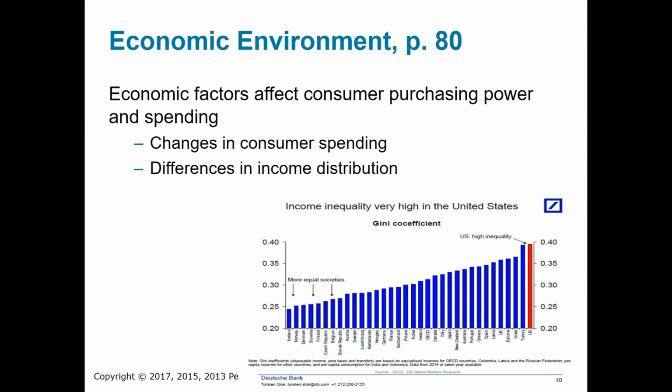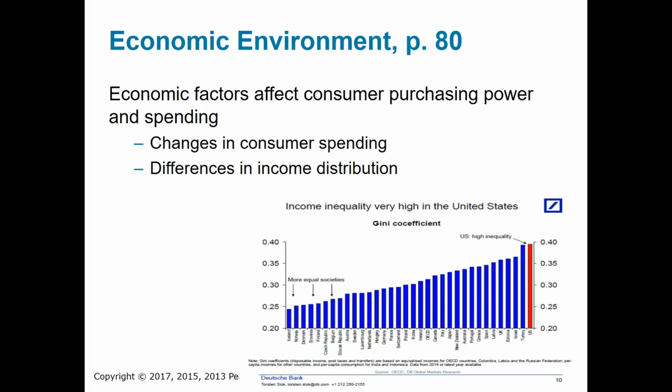So let's check how the economic environment is. Well, one of the most discussed parts is, of course, the income distribution. In the US, as you can see from this graph that I found online, the income inequality is very high compared to others.